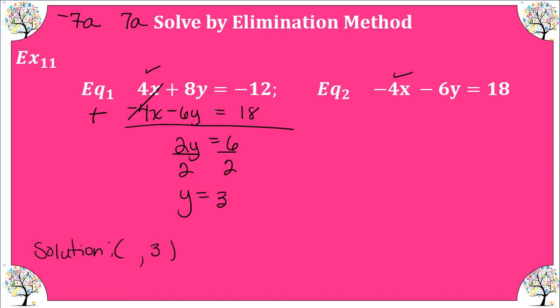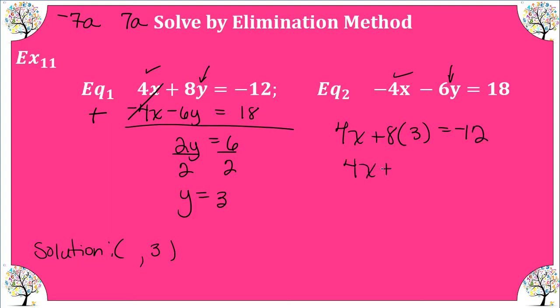We can plug the y value in here or here. I'm just going to plug it into my first equation because I have fewer negatives, so less error. So I'm going to say 4x plus 8 times 3, replace y with 3, equals negative 12.